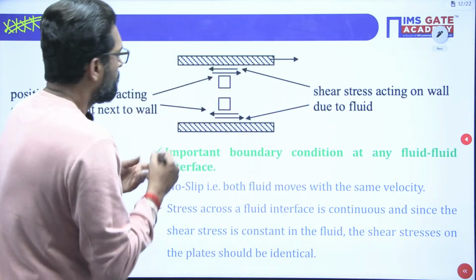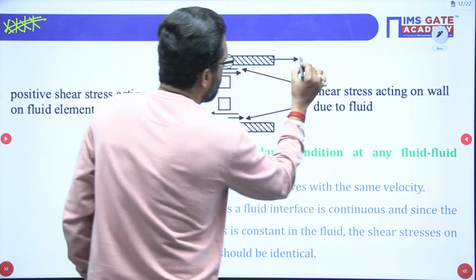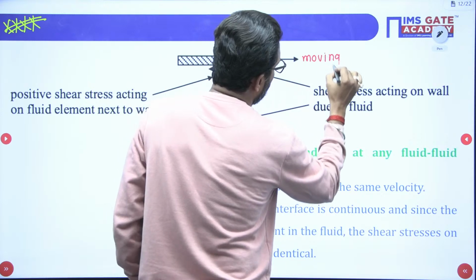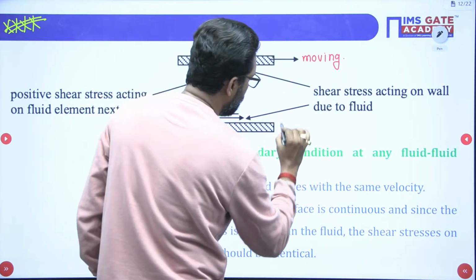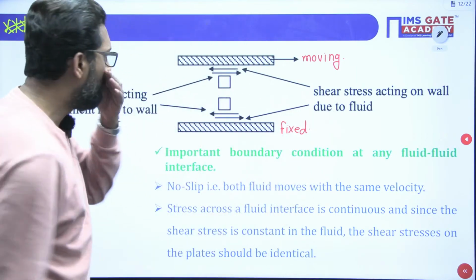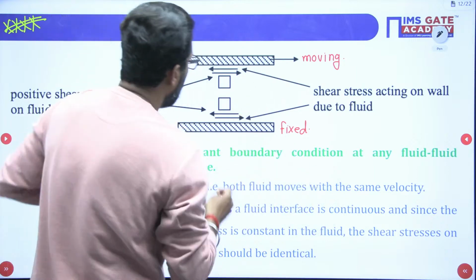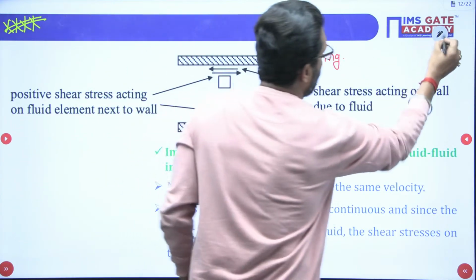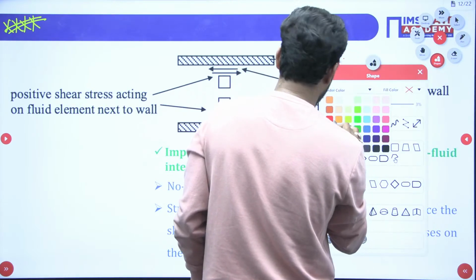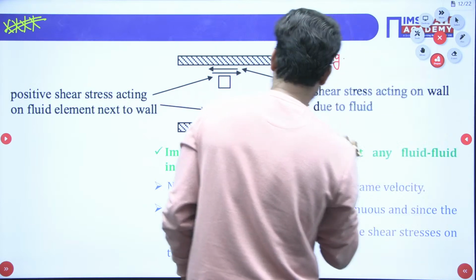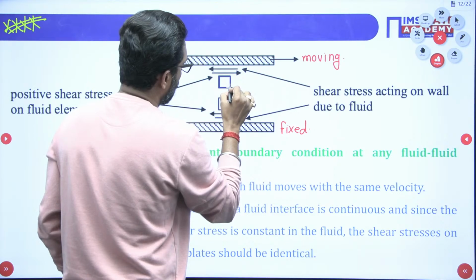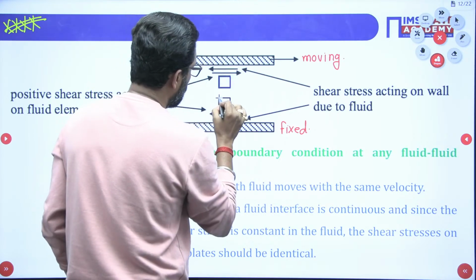Okay. See, as usual, this is a top plate which is moving. Clear? And this is your bottom plate, fixed. Now, we have to take two chunks of the fluid. Yes or not? Let's suppose this is fluid which is near to the top surface, and this is fluid which is near to the bottom surface.